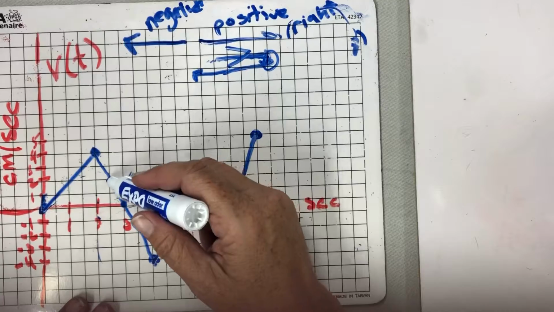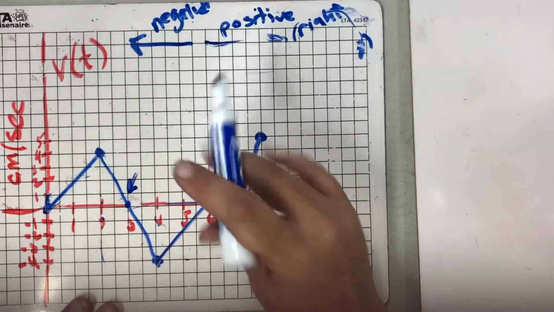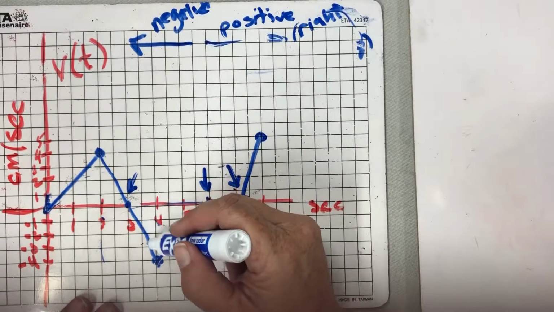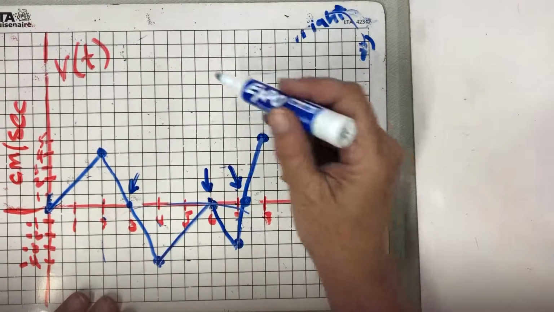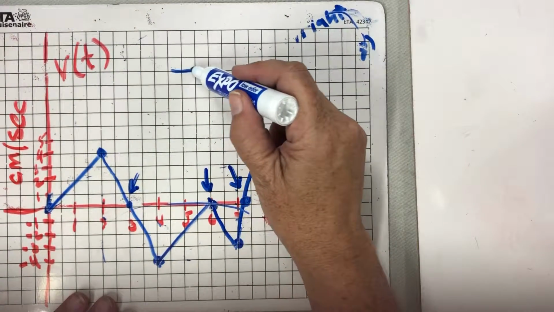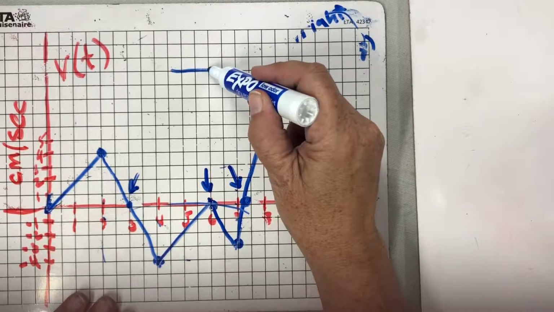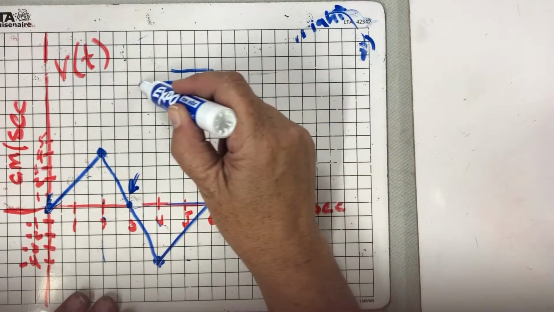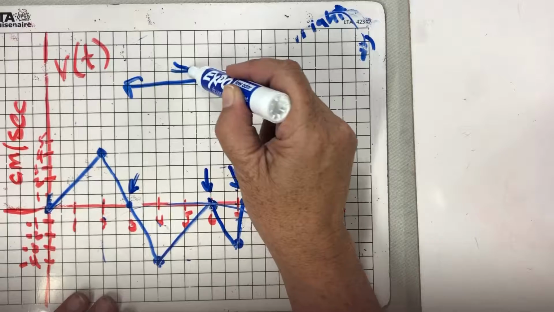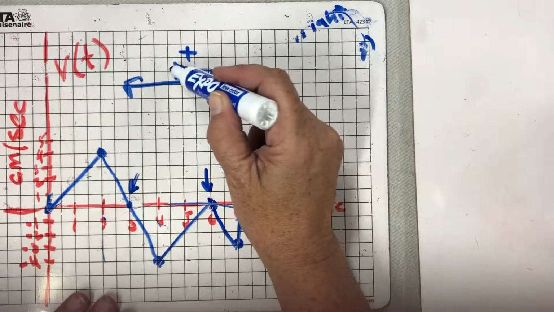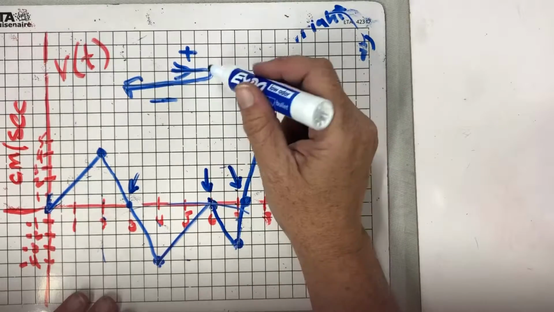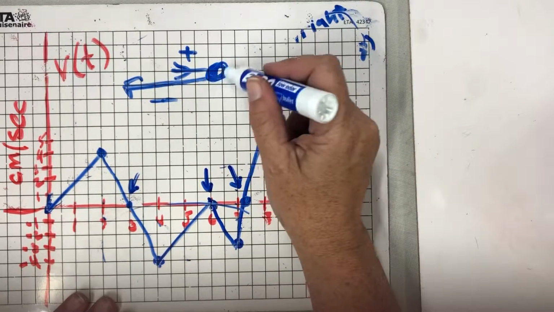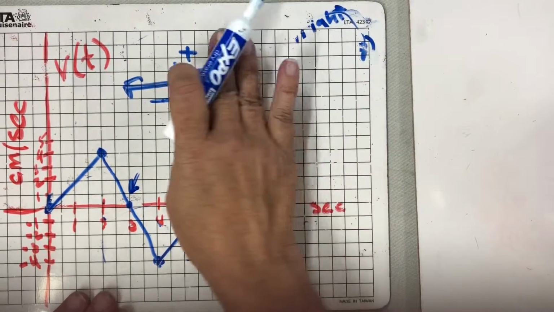So it changed directions here because it went from a positive velocity to a negative velocity. Okay, if the particle is moving this way, which would be positive, then turns around, this way is negative. So here's a positive velocity to the right, turns around, has a negative velocity to the left. At this instant, velocity is 0 at the turnaround point.